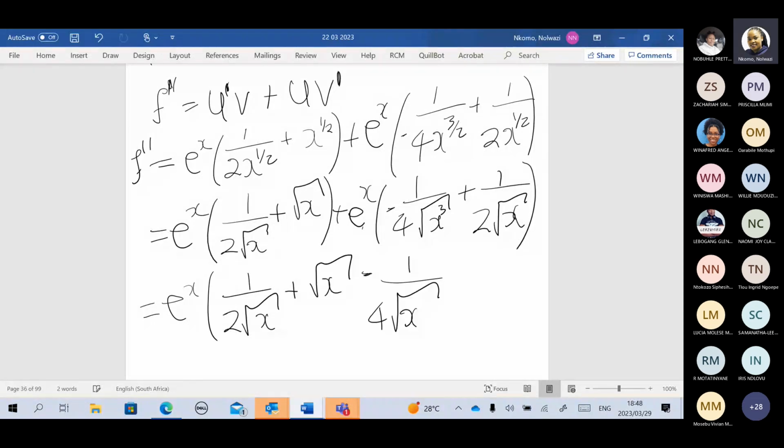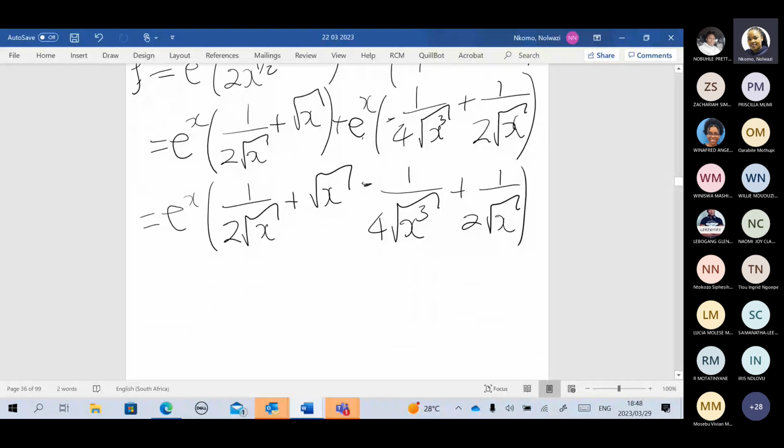2 root x, right? Now we have 1 over 2 root x and 1 over 2 root x. We can add these two, and they will give you 1 over root x, because it's like half root x and half root x, right?